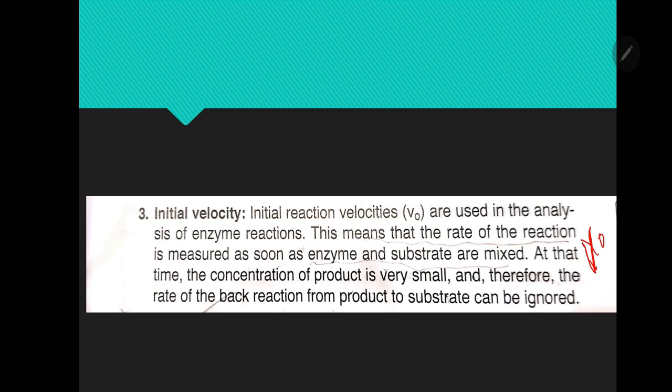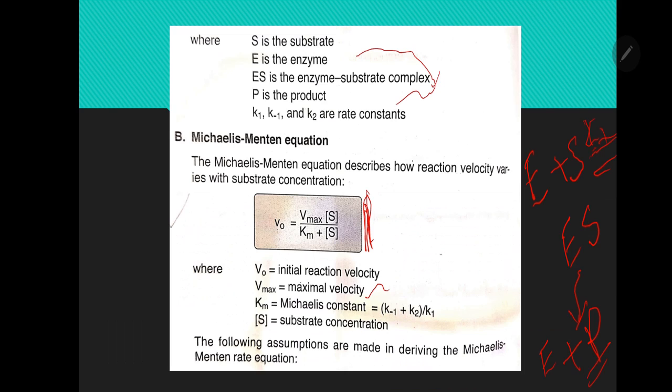Now, coming back to the Michaelis-Menten equation, there is characteristic importance of certain values here. What is the characteristic of Km?